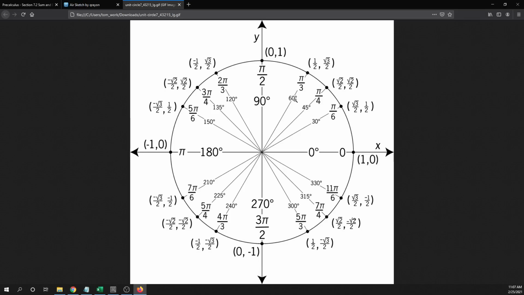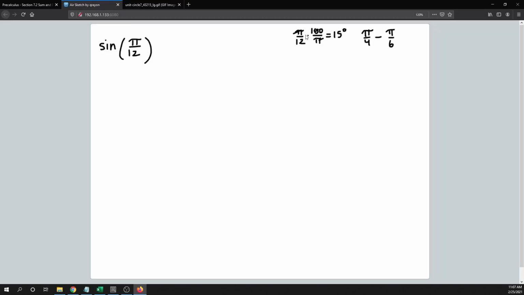But you could do 60 minus 45, or 135 minus 120, 150 minus 135, and so on. So there are lots of different ways you can do that. It might be a little easier to work these problems initially if you think about them in degrees, even though this is in radians.